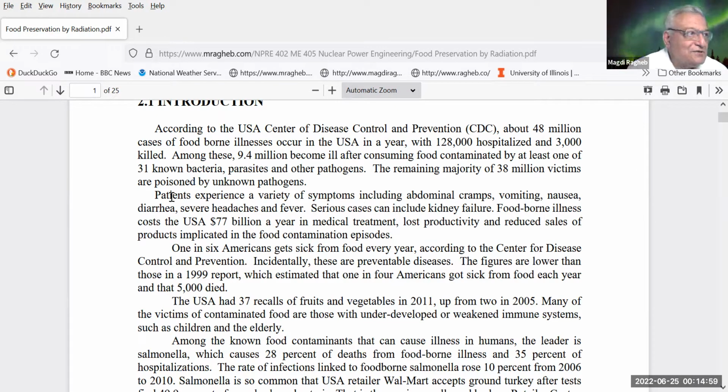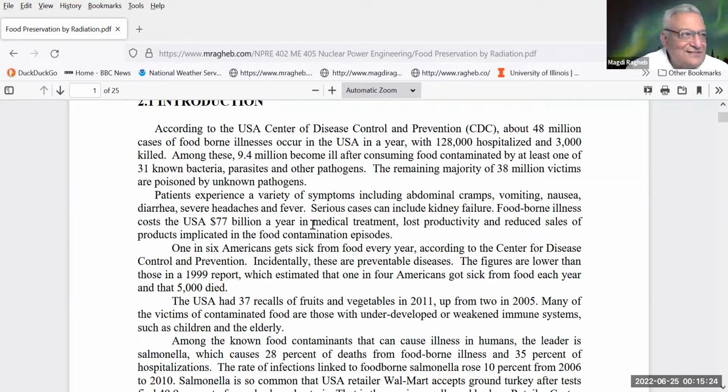Patients in general, yourself or myself, when we get those stomach flus, we could get abdominal cramps, vomiting, nausea, diarrhea, severe headaches, and fever. And that can cause other secondary effects like kidney failure. And foodborne disease costs us in the United States $77 billion a year in medical treatment.